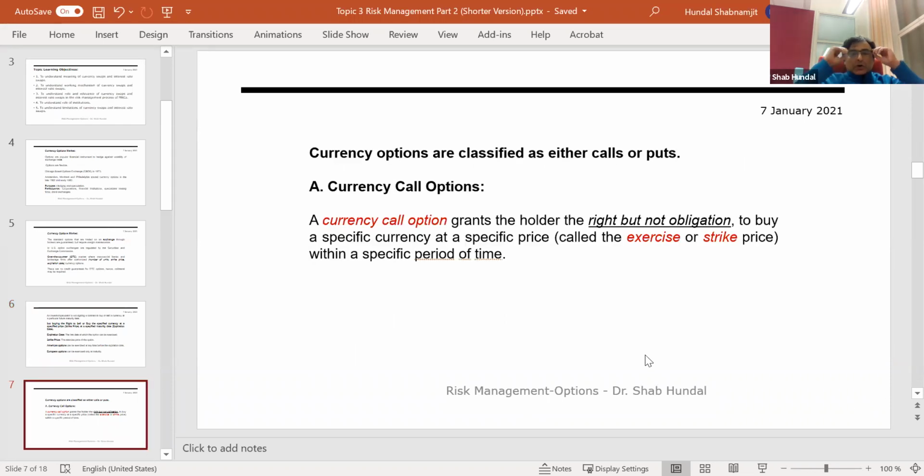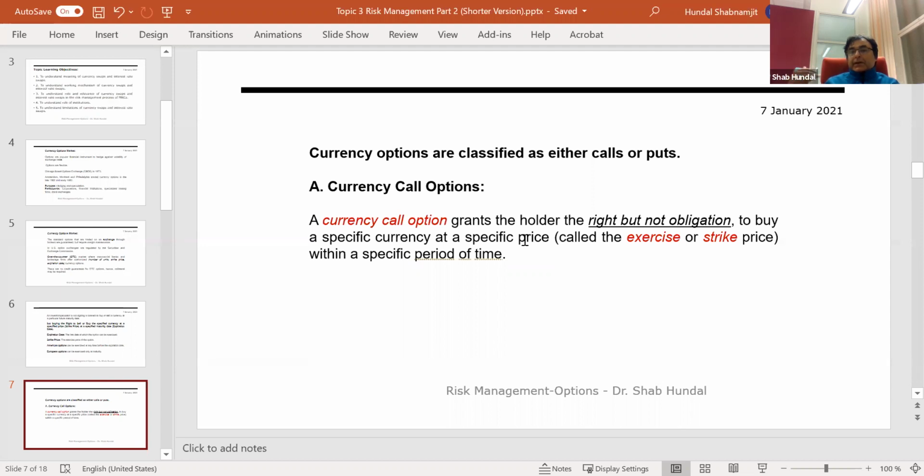Now we come back to the more open discussion about options. Options are of two types. The first option is called call option. Call, C-A-L-L. The call option is when you have the right but no obligation to buy a specified amount of foreign exchange at a specified rate of exchange for a specified time period.